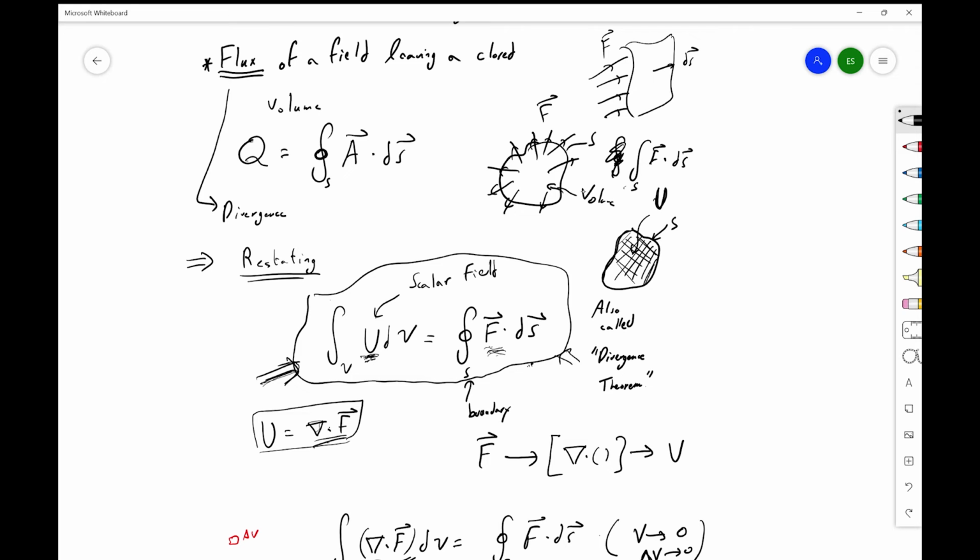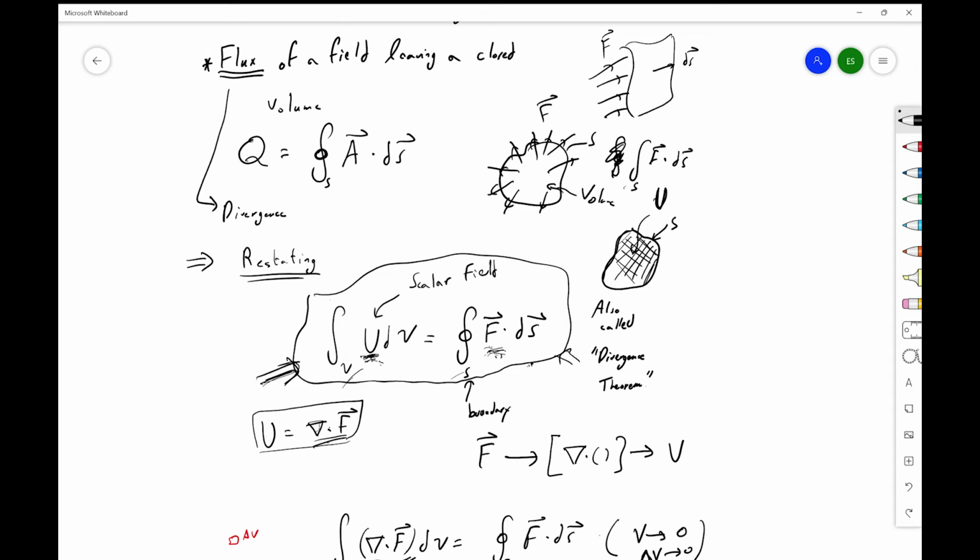If you consider F to be the electrical field and you consider U to be just the charge density, this tells you that if you integrate the electric field over any closed surface, no matter what it is, it will always be equal to the total charge enclosed in that surface. Right? But we don't know anything about electrical fields and charges at this point. We're only treating this mathematically at this point. What about electric flux? This is electric flux. Yeah.